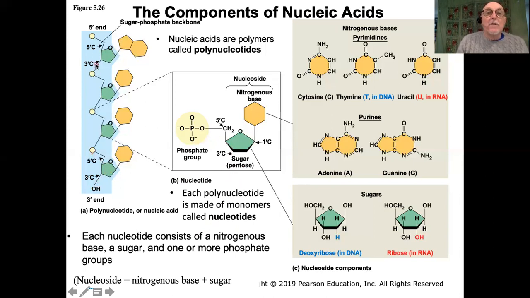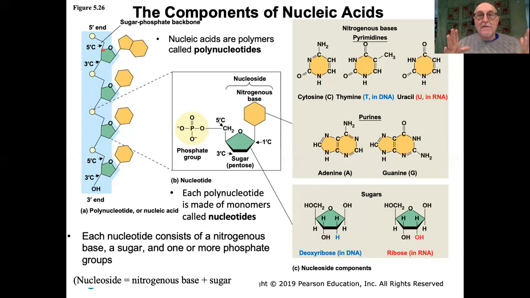Okay, so when we look here at this simple chain of nucleotides all joined together, we have a sugar, phosphate, sugar, phosphate, sugar, phosphate. This here is a backbone, and it's an extremely strong covalently bonded backbone. And that is the sugar phosphate backbone to the nucleic acid, whether you're talking about DNA or RNA.